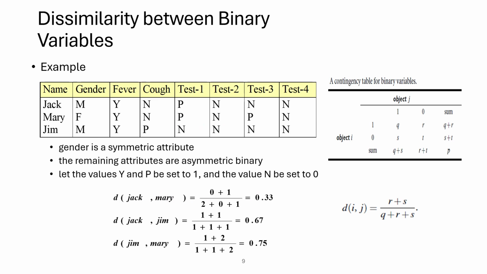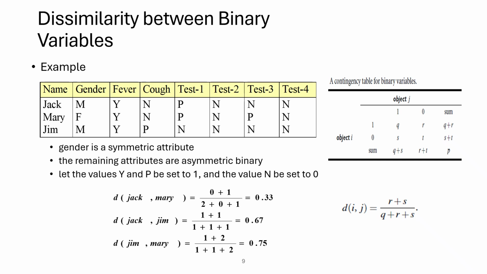Now comes the example of how to find the dissimilarity between binary variables. Here I have three persons: Jack, Mary and Jim. Jack is male, Mary is female, Jim is male. Gender is symmetric, so we cannot code it for asymmetric, because we cannot take male as 0 and female as 1. It could be anything and varies.